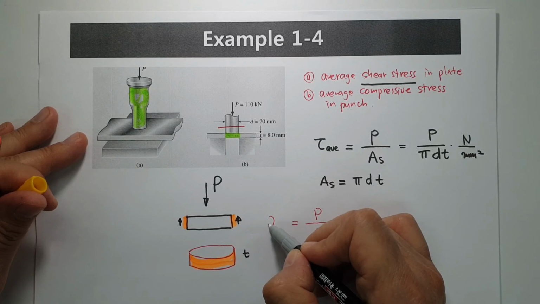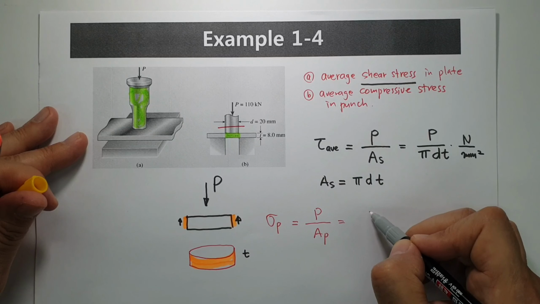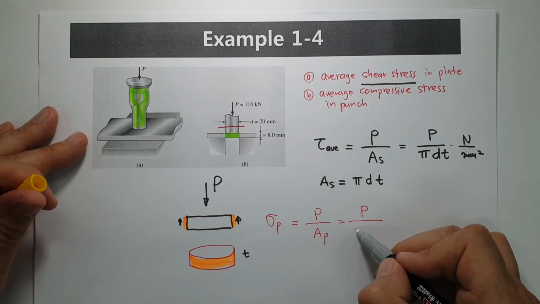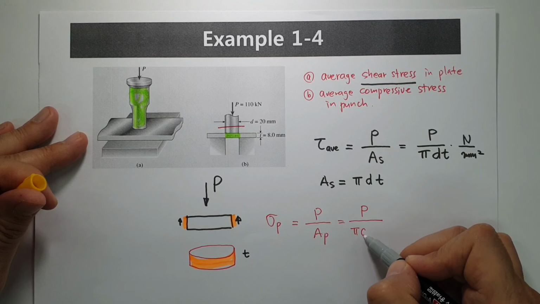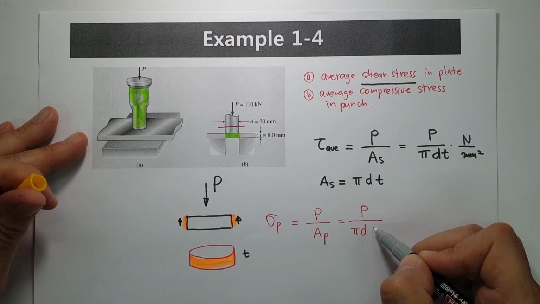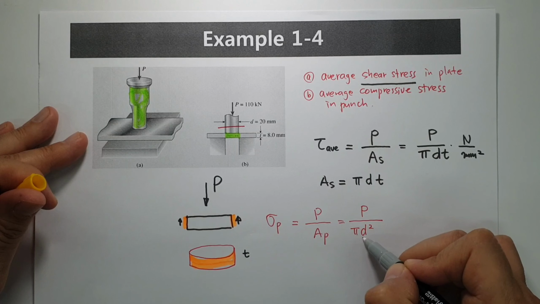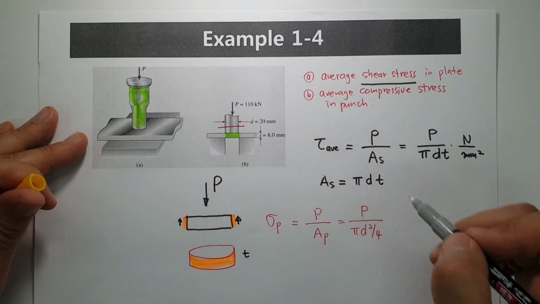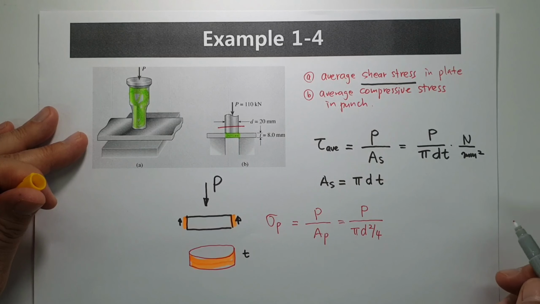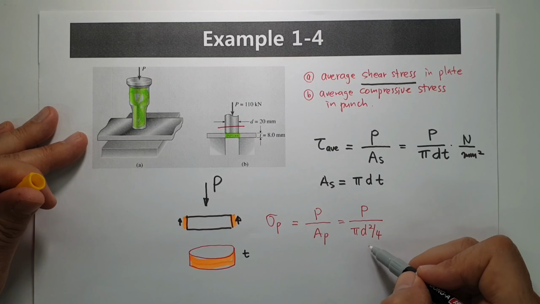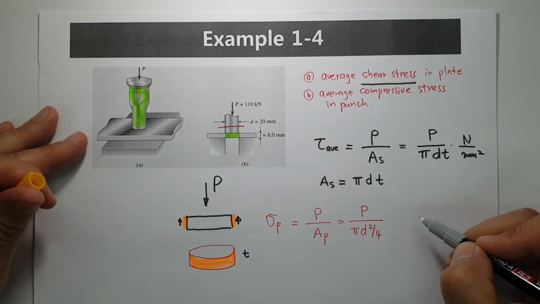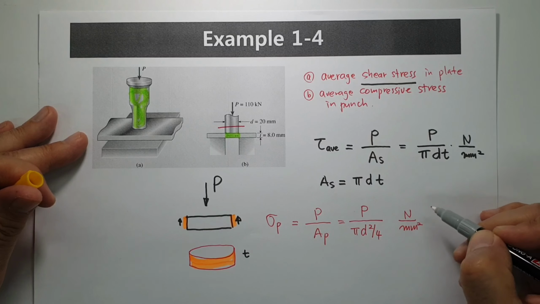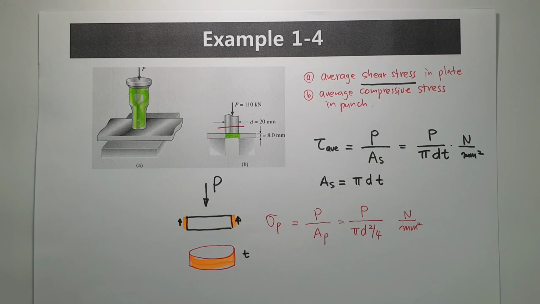Stress punch, P divided by AP equals what? Pi d squared over 4. Then the area AP can be calculated. Then finally you can get average compressive stress. Of course, unit is Newton per millimeter squared. This unit you can calculate.